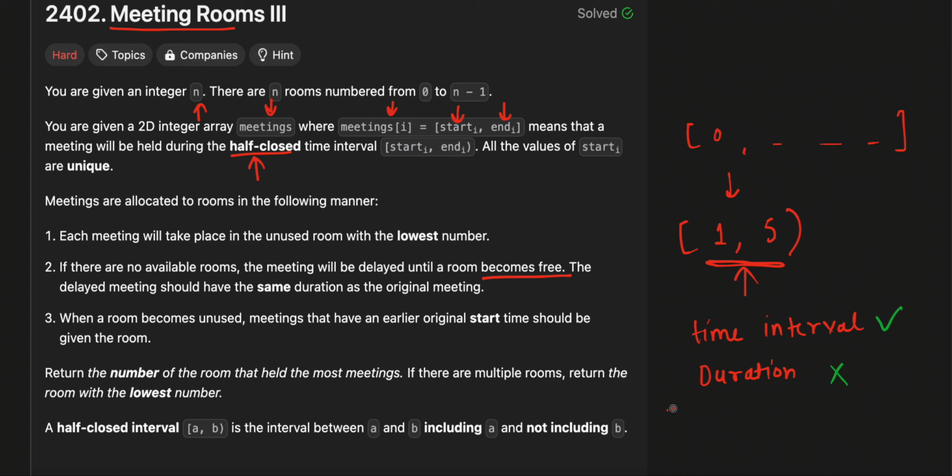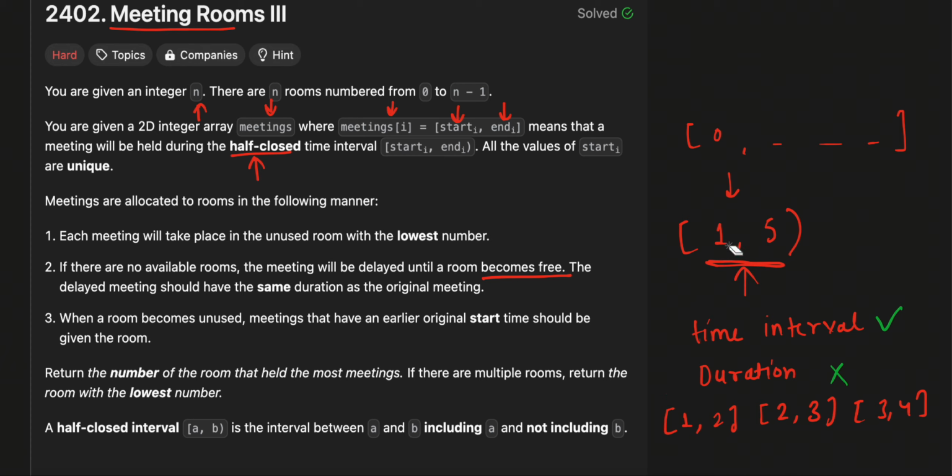So if there are multiple meetings, 1 to 2, 2 to 3, 3 to 4, we need to sort by the starting time of the meetings, and the lower start time occupies the meeting room first.